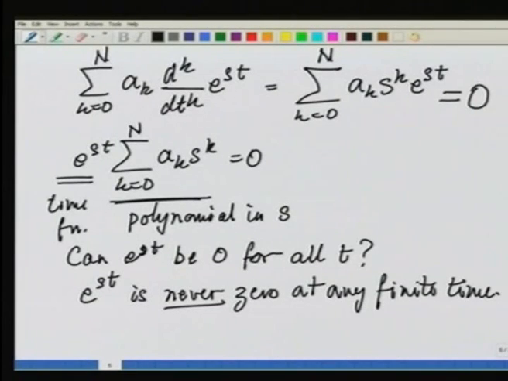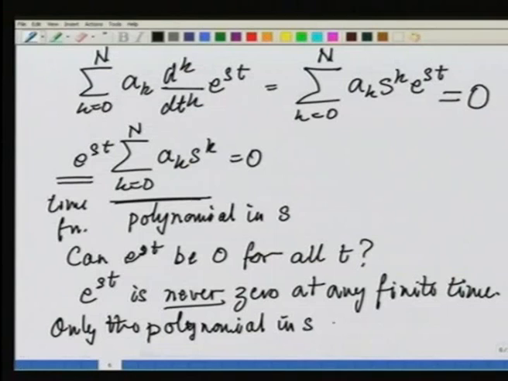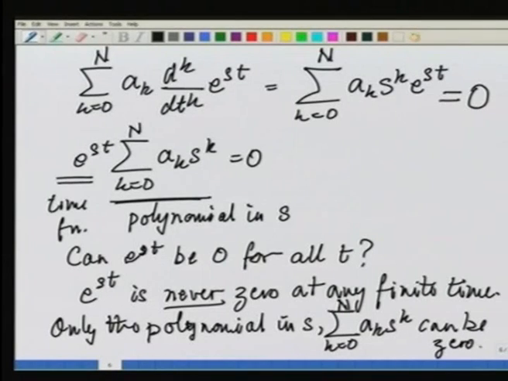Hence, in order to solve the homogeneous equation, in order for the left hand side of this expression to evaluate to 0, the burden falls on the polynomial in S. Only this can be 0. So, when can it be 0 is the next question.